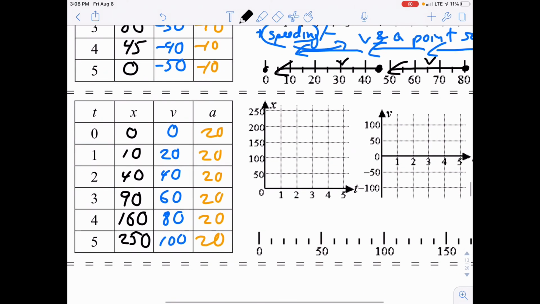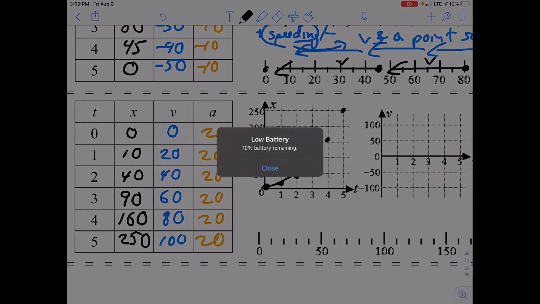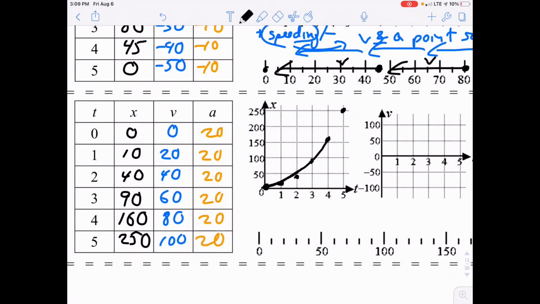Plot your values. At time equals 0, x equals 0. At time equals 1 second, we're at 10 meters. 2 seconds, we're at 40. 3 seconds, we're at 90. 4 seconds, 160, a little above 150 there. And 5 seconds, we're at 250. Look at what we have here. We have a nice quadratic. We have a nice parabola drawn here, just very sharp.